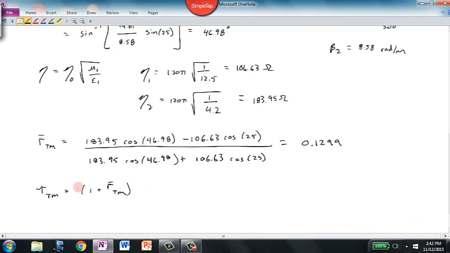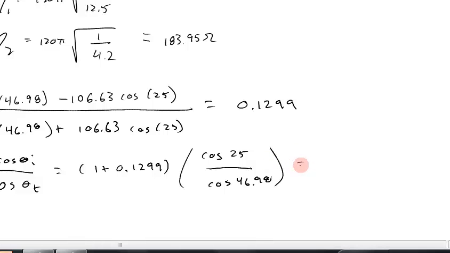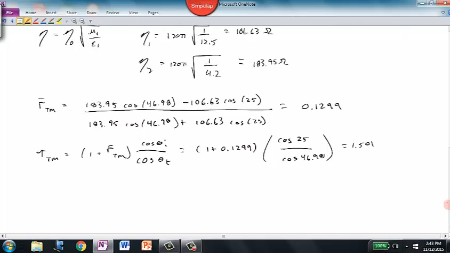To do that, we just multiply 1 plus the reflection coefficient, quantity, by cosine theta I ratioed to cosine theta T. So now we've taken care of the effects of the angle of incidence and the angle of transmission. So this is equal to 1 plus 0.1299, multiplied by cosine of the angle of incidence, 25, over cosine of the angle of transmission, 46.98. Again, I'm in degrees. That gives me a transmission coefficient of 1.501.